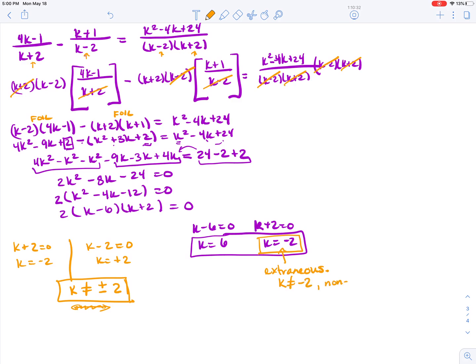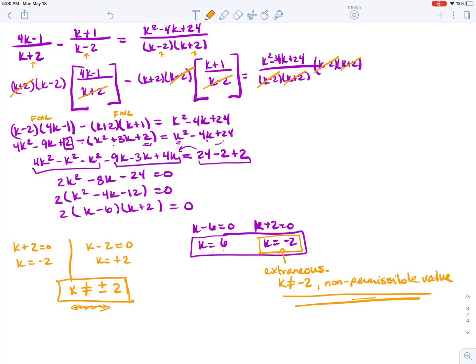It's a non-permissible value. So just by finding my non-permissible values early, that saves me a step of having to check both k equals 6 and k equals negative 2.